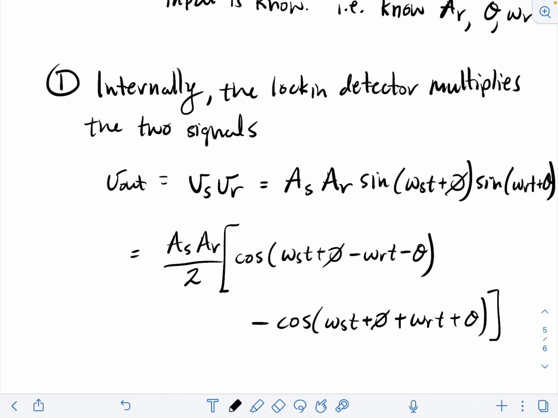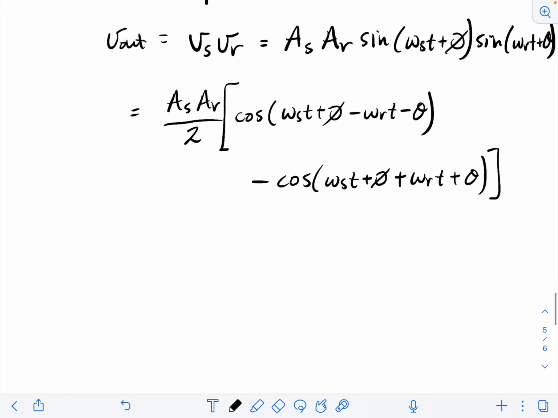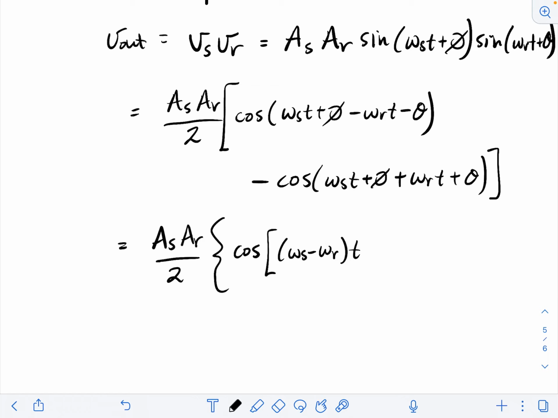Okay, I'm going to rewrite that in a slightly different way. So I'm going to write that as A_S A_R over 2, and then we'll put a curly brace, then we'll have cos. So the first cosine is a difference in the frequencies and phases. So I'm going to write this as omega s minus omega r times t plus phi minus theta.